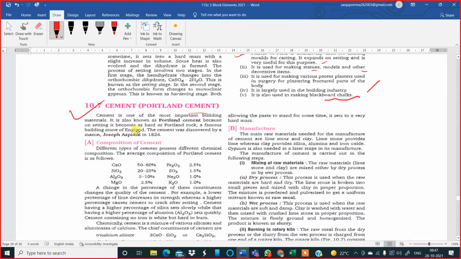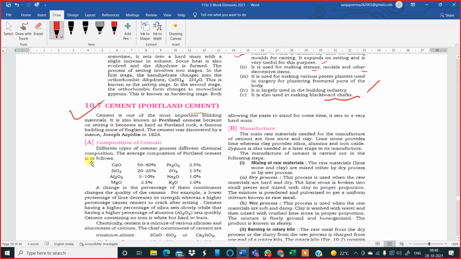It is also known as Portland cement because on setting it becomes as hard as Portland rock, a famous building stone of England. The cement was discovered by a mason, Joseph Aspidin, in 1824. This mason became famous after the discovery, though he was not very educated.